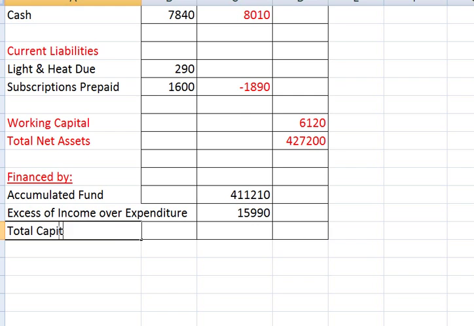Not maybe technically correct, but it's fine to use that terminology in the question. So adding the accumulated fund and the excess of income over expenditure together, my balance sheet balances: 427,200. My total net assets match the total amount of capital put into the club, or the total amount invested within the club.